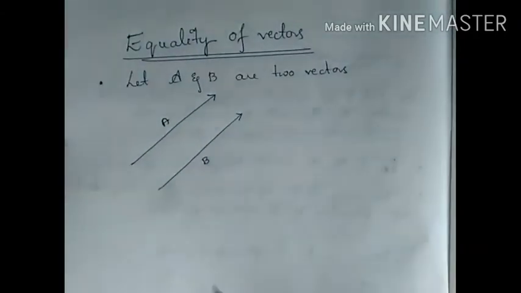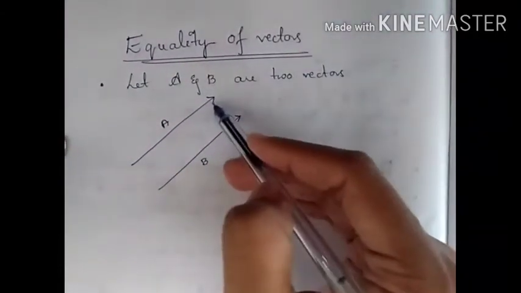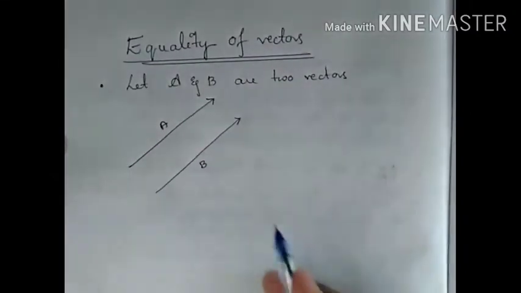The vectors are denoted by a straight line with an arrow mark.